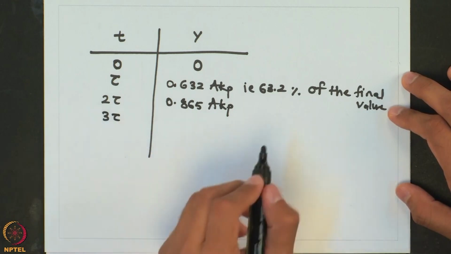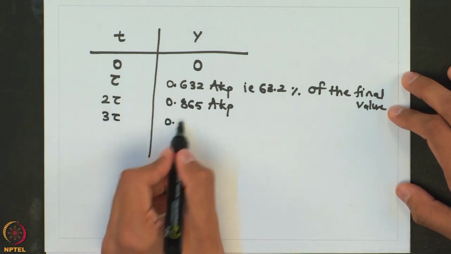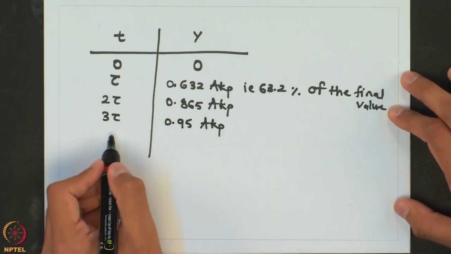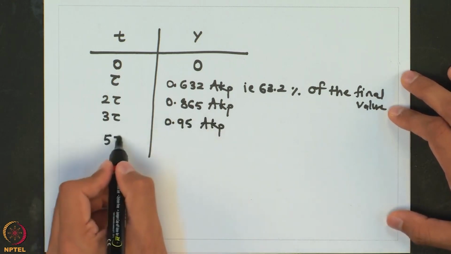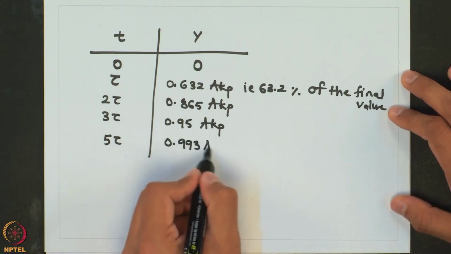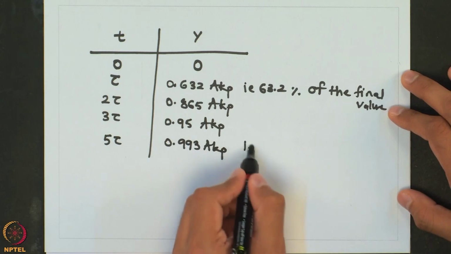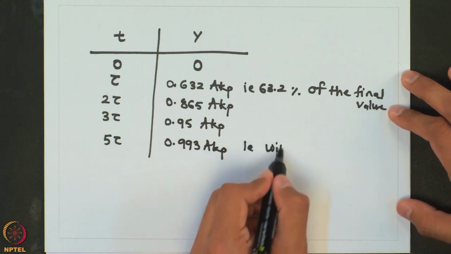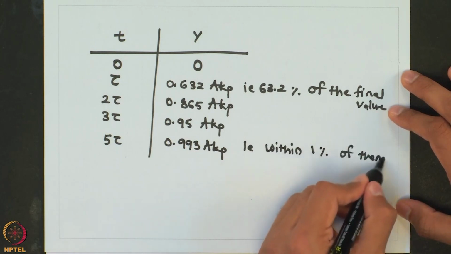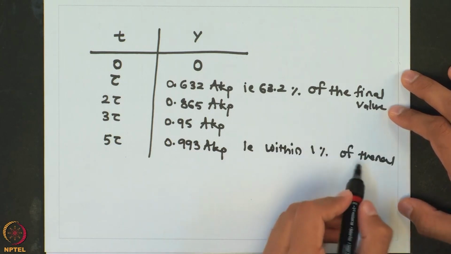In 3 tau, the similar value will come out to be 0.95 AKP. And lastly, if we calculate up to 5 tau, it will come out to be 0.993 AKP, that is within 1% of the final value.